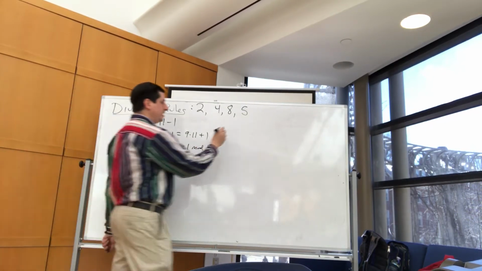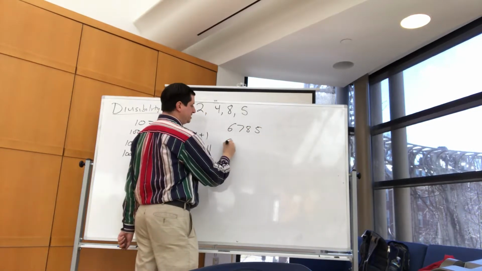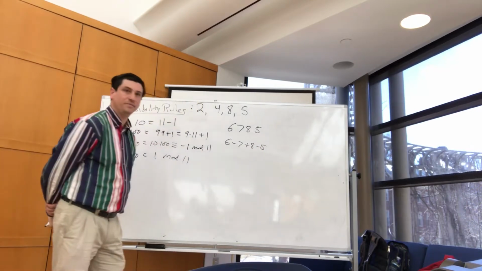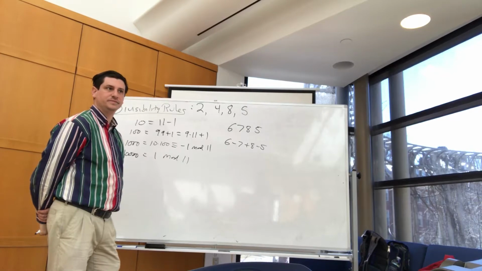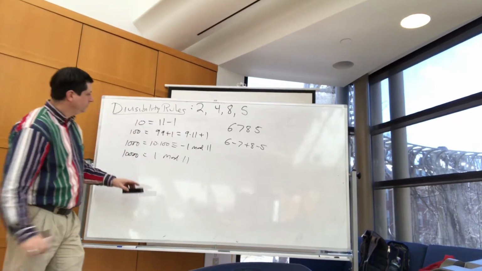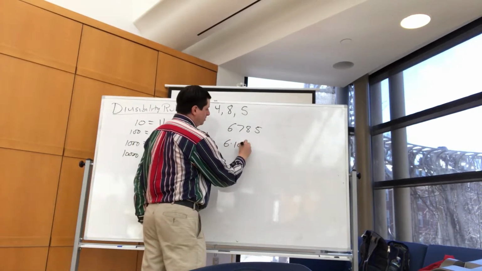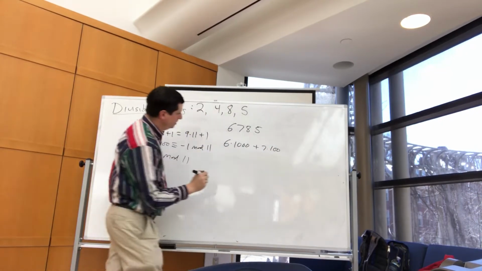So if I give you a number like 6, 7, 8, 5, I look at 6 minus 7 plus 8 minus 5. I look at the alternating sum. I don't know why you did 6 so we have 6 times 1,000 plus 7 times 100, right?